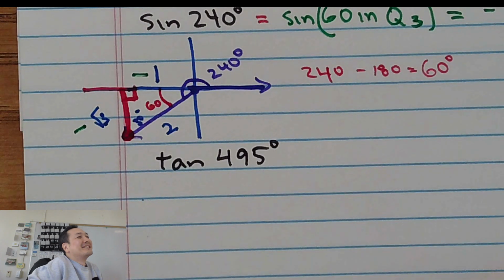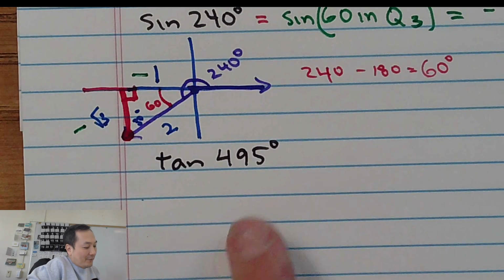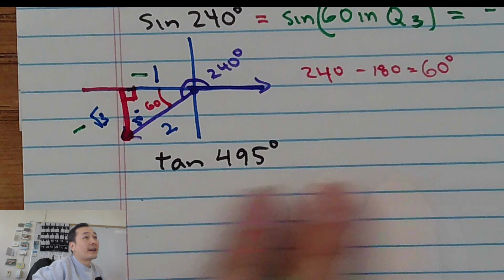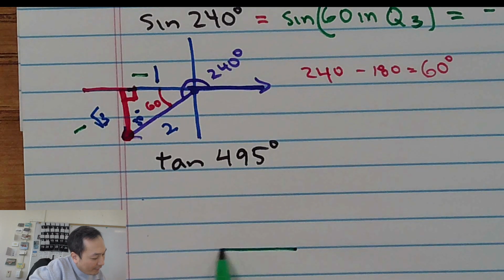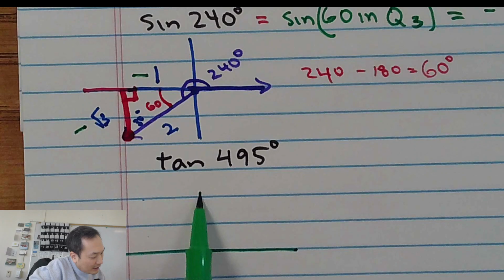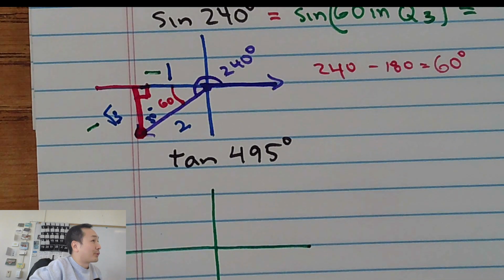Okay, coming back to math a little bit. 495. Okay? Yeah, 495. So 495 is obviously more than 360, right?